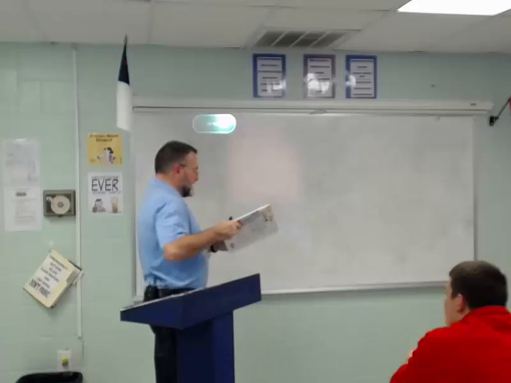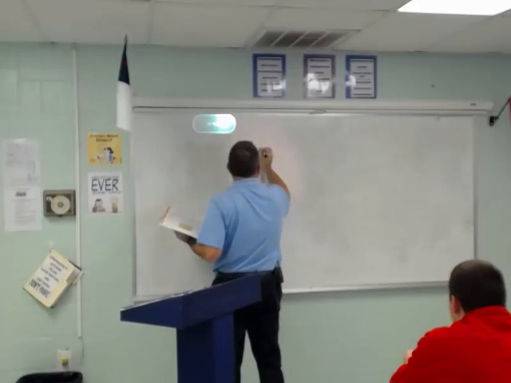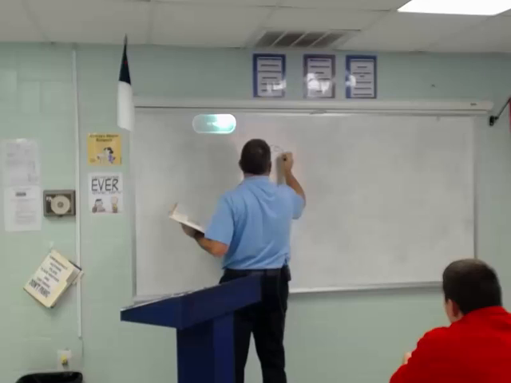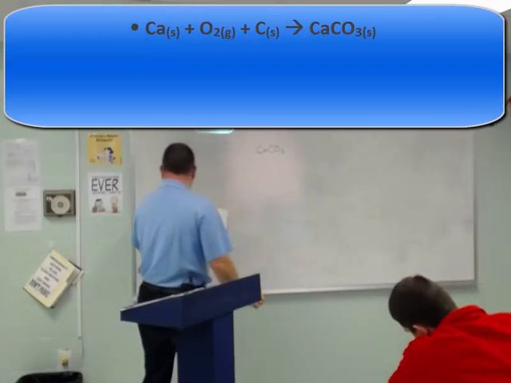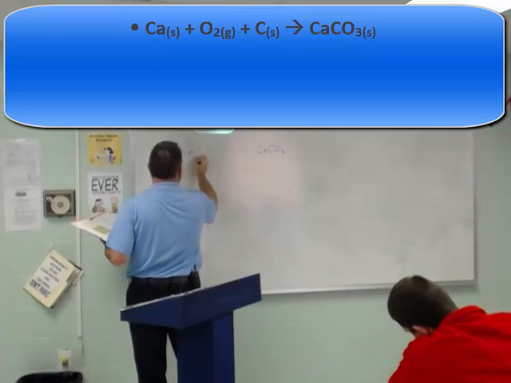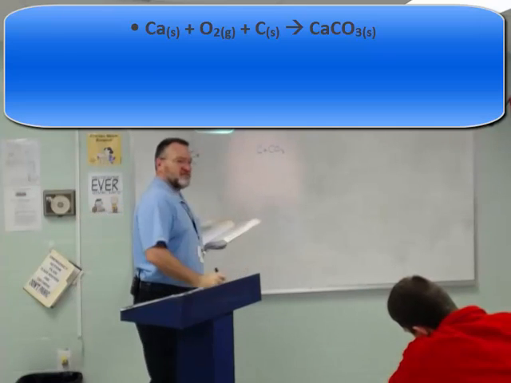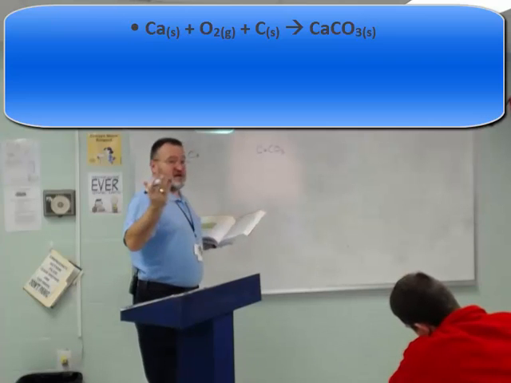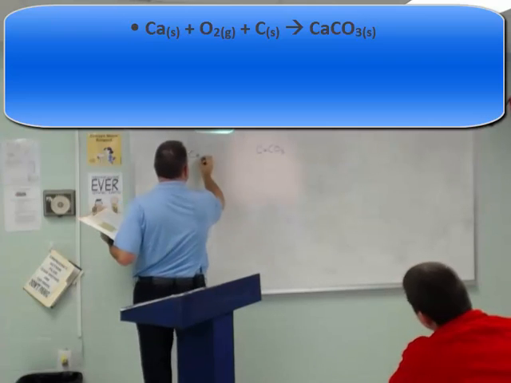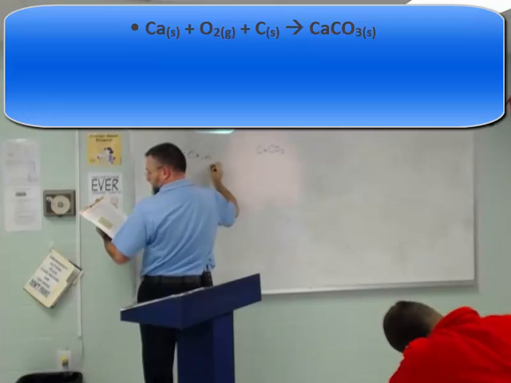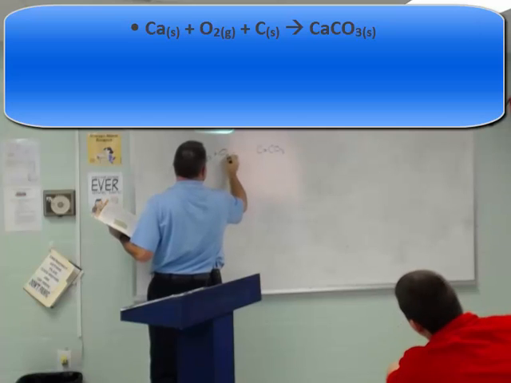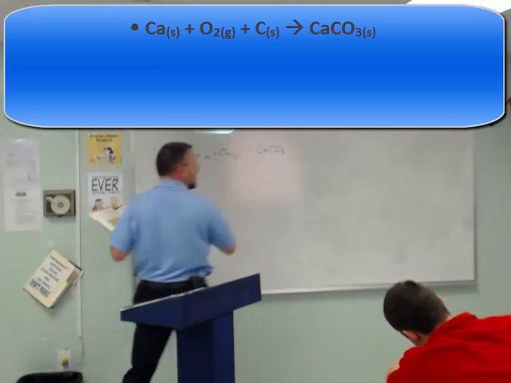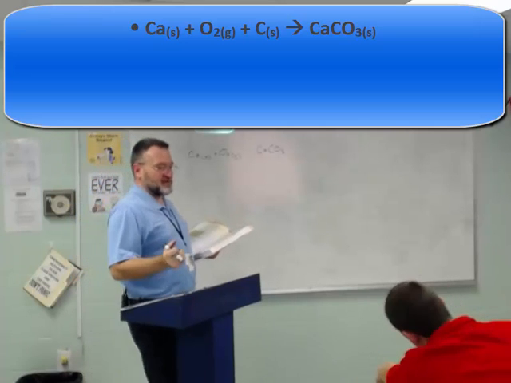When you look at the word problem, like in this one, it says solid calcium carbonate is made when solid calcium, is it a Ca or is it a Ca2? It's Ca because it's not a homonuclear diatomic. When solid calcium reacts with gaseous oxygen, and I know it's an O2 because oxygen is a homonuclear diatomic.